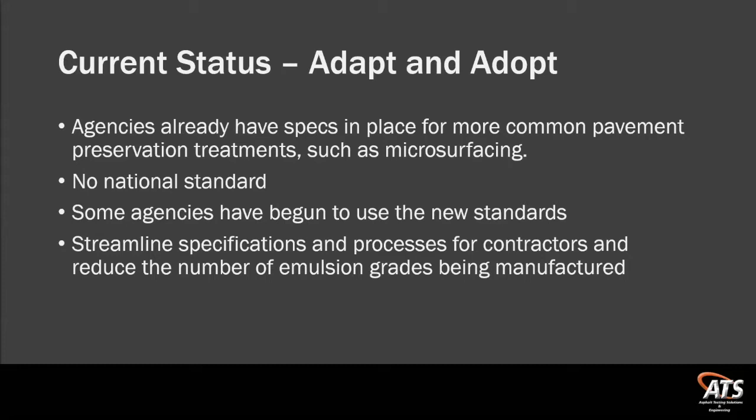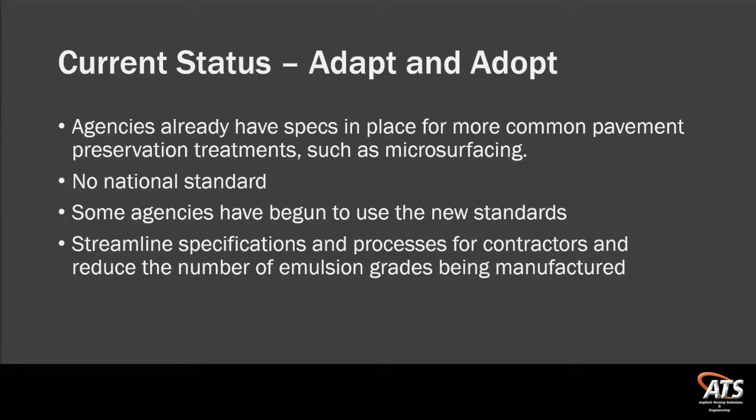You will see a lot of the preservation techniques being utilized in those kinds of situations because they have a very tough job of trying to stretch one budget over an entire state. So those states are pushing to advance these type of specifications and material test methods to a national standard where they could possibly go to the next state over and get a guarantee that you're going to get the same material.